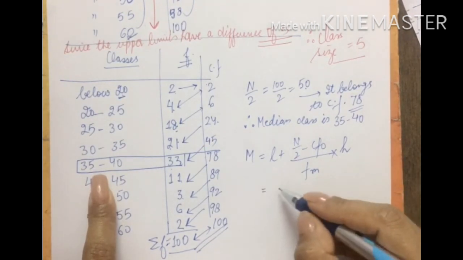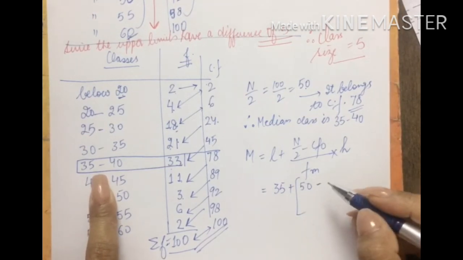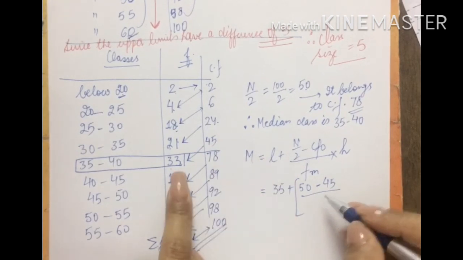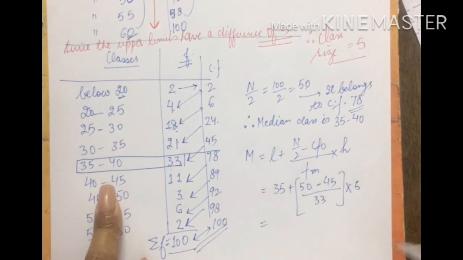And then you can apply the formula for the median. Using the respective values, the lower limit is 35, n by 2 is 50, minus the cumulative frequency of the previous class, which is 45, frequency of the median class is 33, into the class size, which is 5. Solve and obtain your answer for the median.